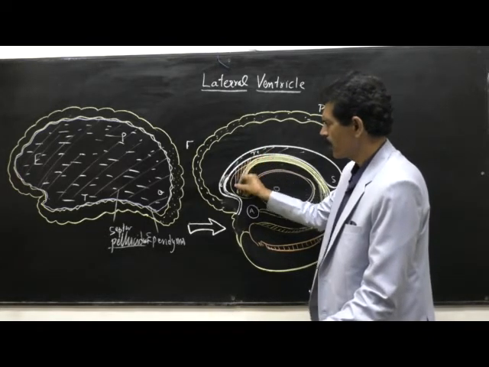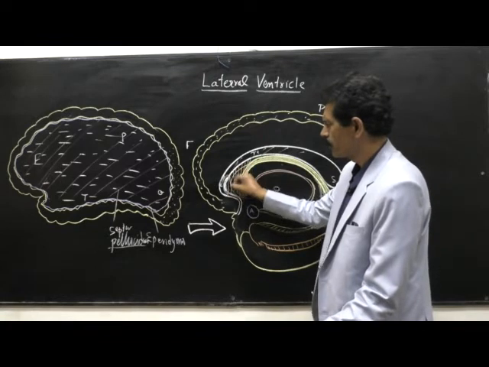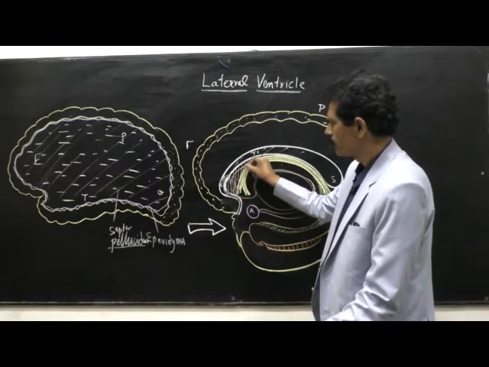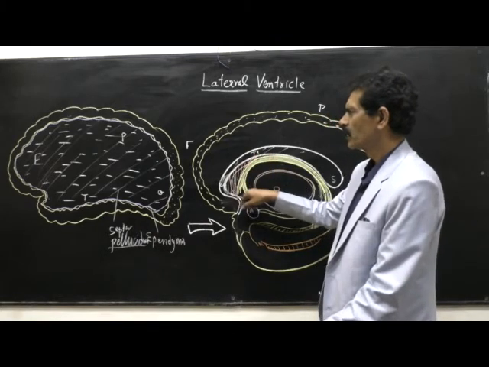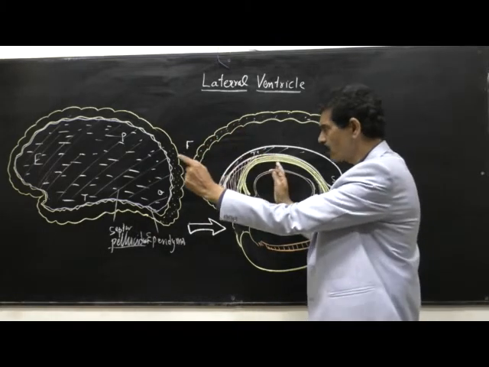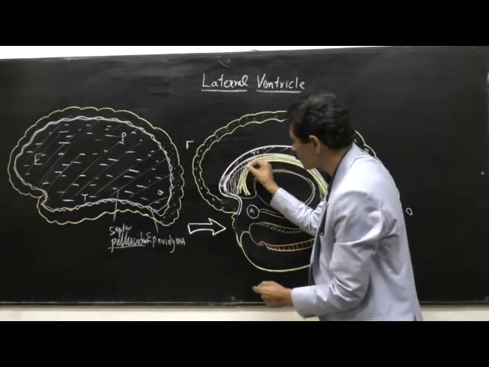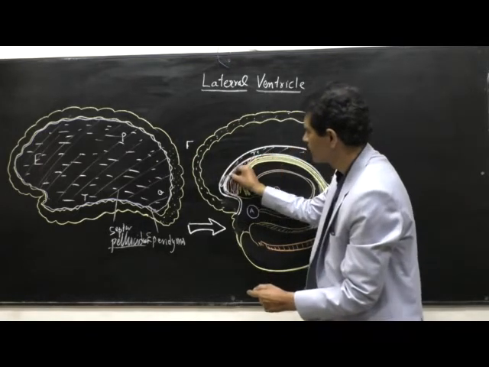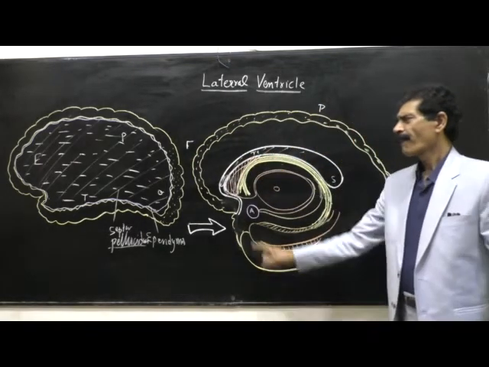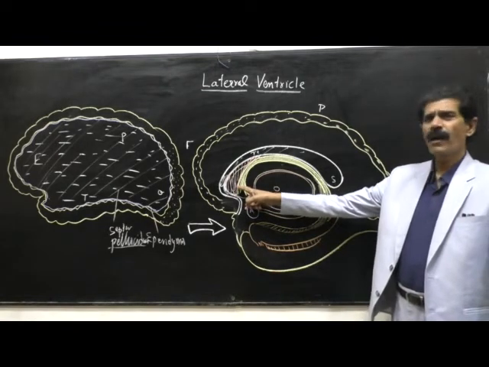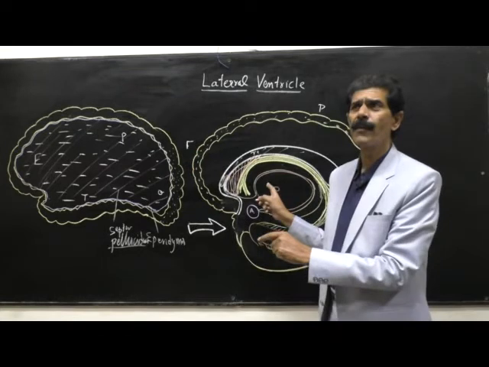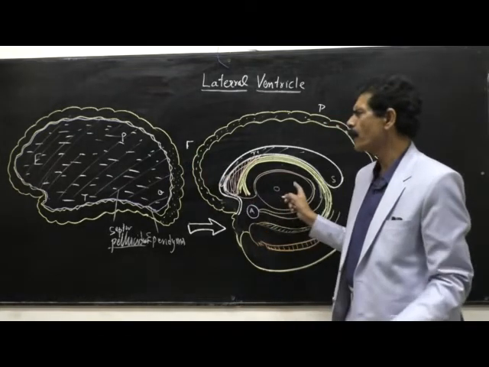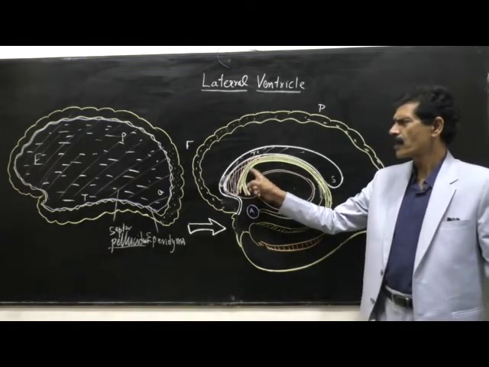So I am making the septum pellucidum. So this is the septum pellucidum after the development, and this is the last septum pellucidum, shrunk to this small size. That is the effect of the developmental phase of the grey and white matter of the cerebrum, which has made the septum pellucidum a small size.